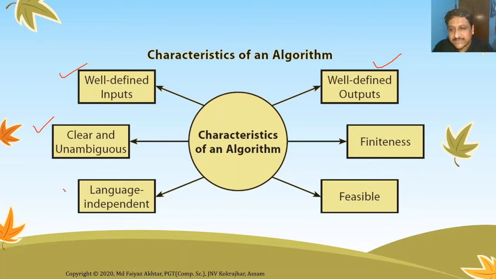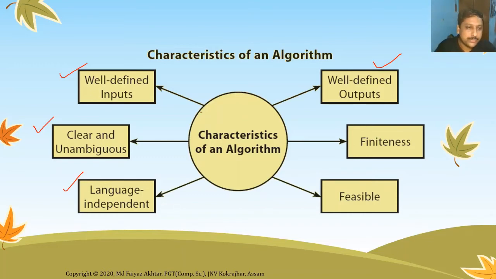Then language independent. It is in natural English language, so it is independent of computer languages. Computer languages are of various types: C, C++, Java, Pascal, Python. Once an algorithm is developed, we can write the program in any language.